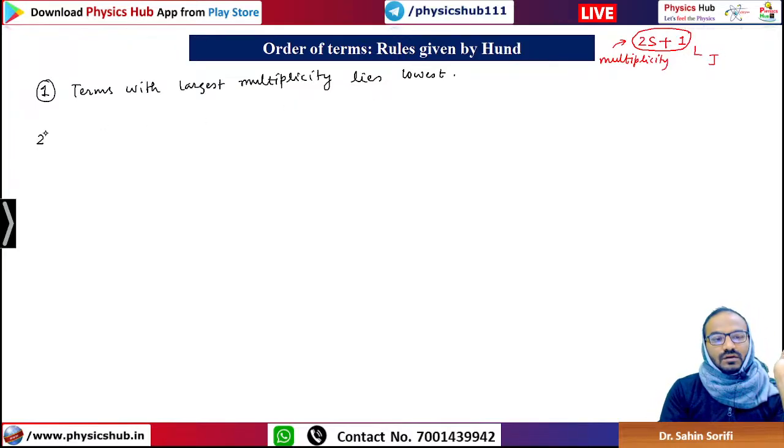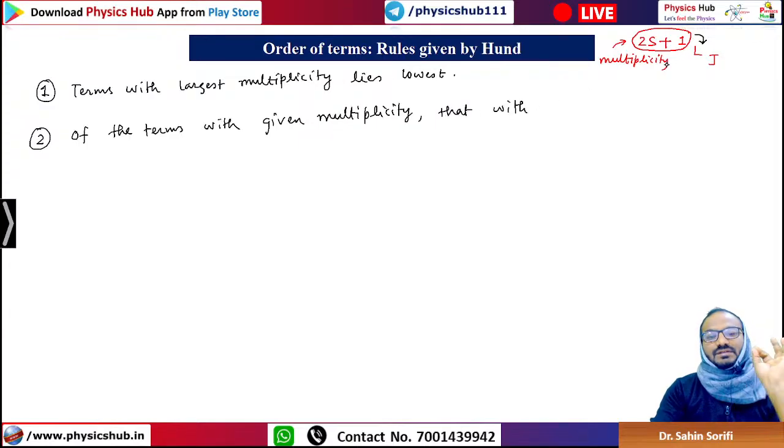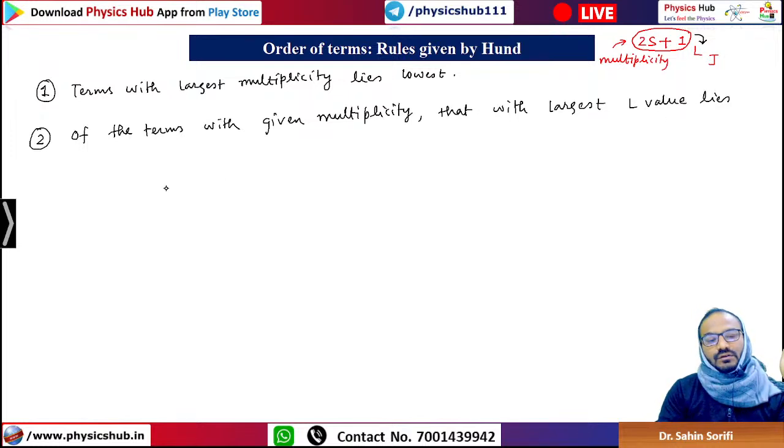Now it may be possible that all the multiplicities are equal. Then you will come to L. Of the terms with given multiplicity, again, large means low, the largest L lies lowest.